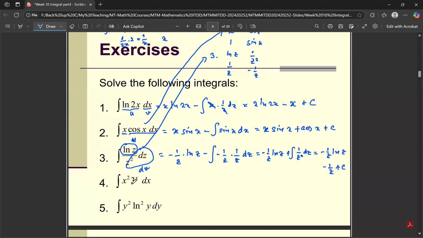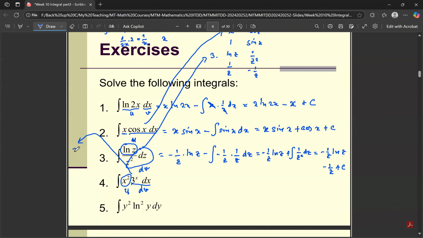What about number 4? We make the column here. This is the u, and the rest will be dv.